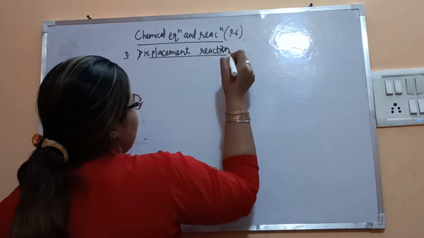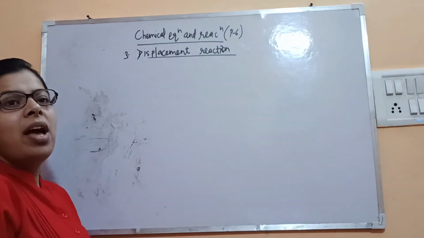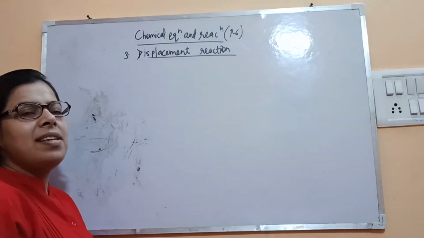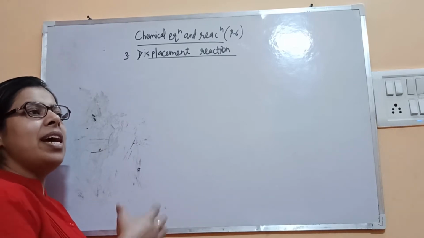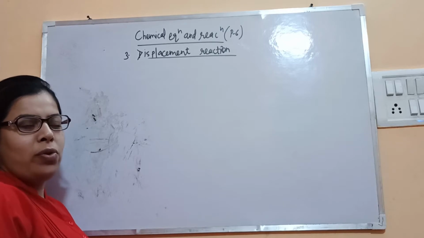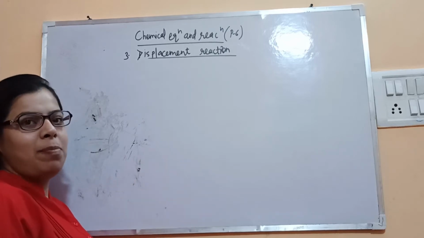Okay, displacement reaction is that reaction in which a more reactive metal displaces a less reactive metal, or you can say that ions are replacing the other ions from the solution, or you can say that the movement of the ions is taking place.